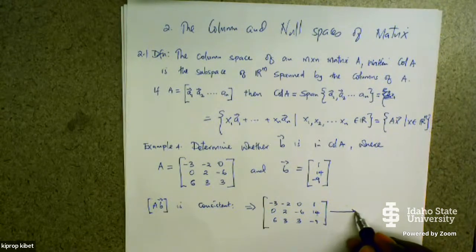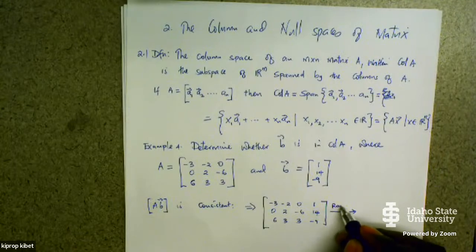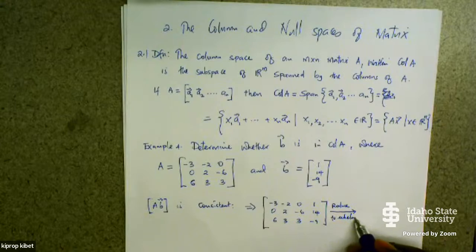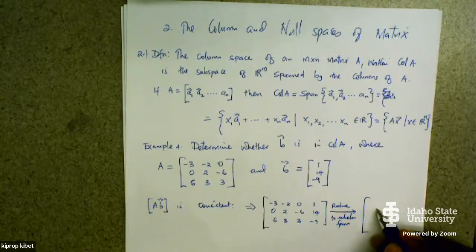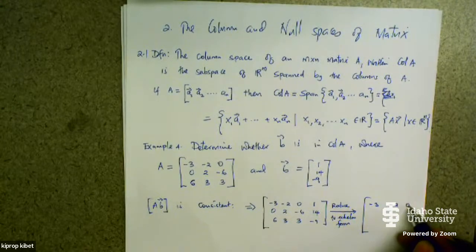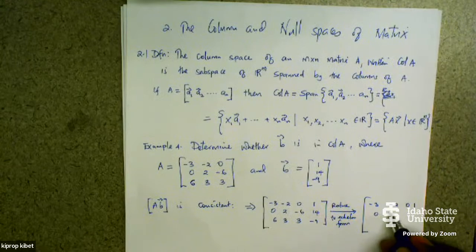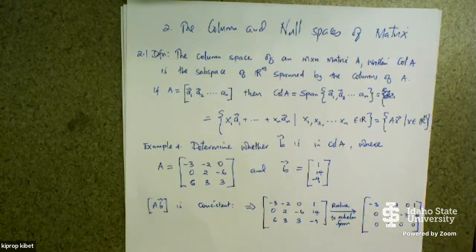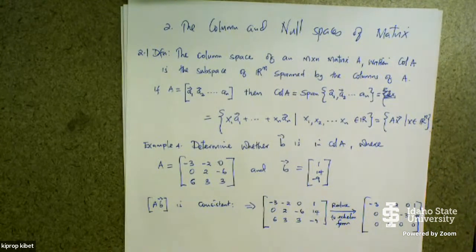When we reduce this to echelon form, what we get is -3, -2, 0, 1; 0, 1, -3, 7; 0, 0, 0, 0.